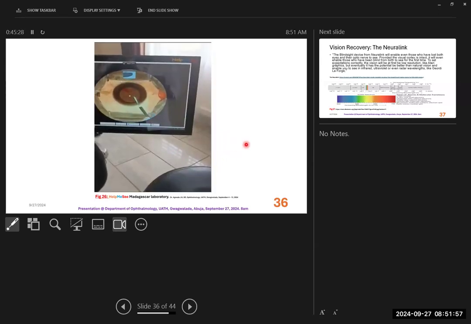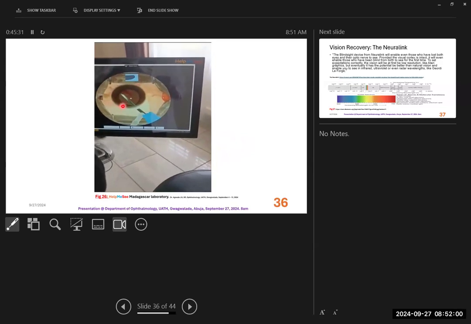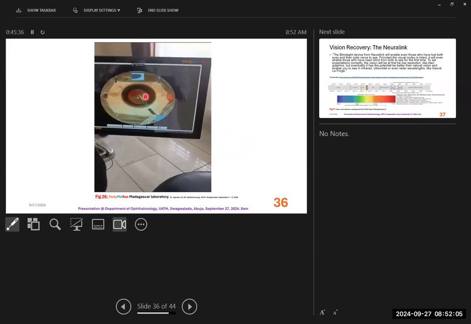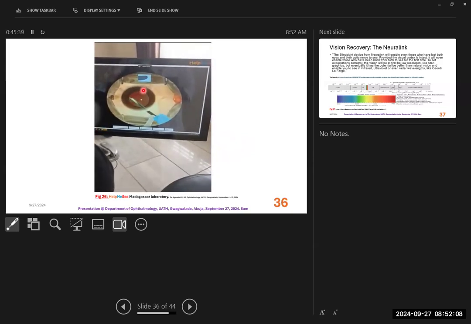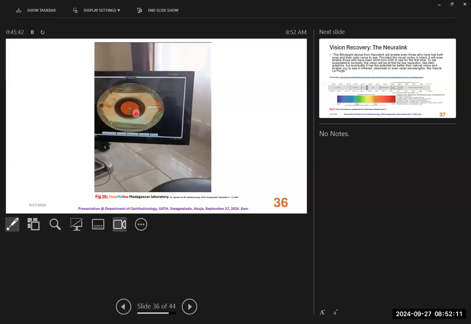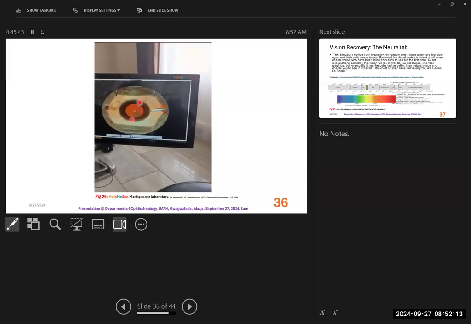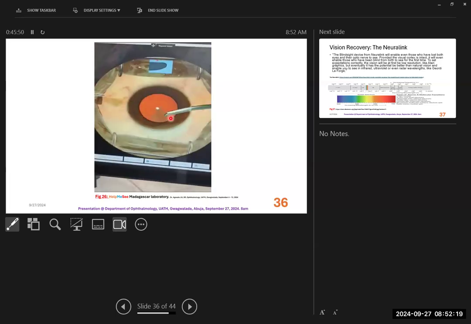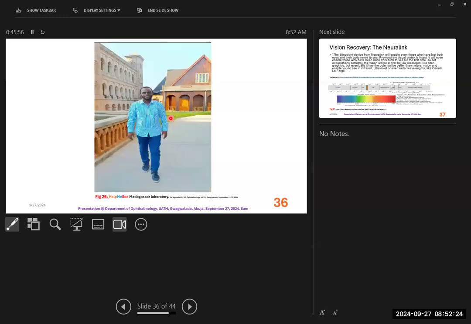You can see that this simulation is on CCC, curvilinear capsulorhexis. You cannot see any physical eye, but that is what we call real-time factual simulation.